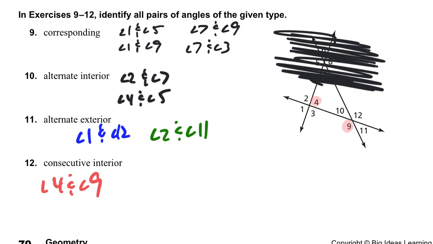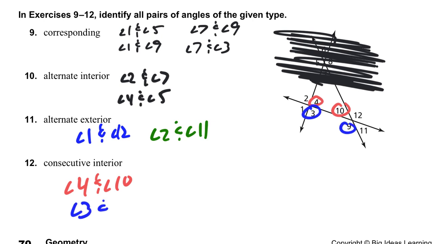We are talking about consecutive interior. My bad. Consecutive interior means they're going to be on the same side. Consecutive means next door or side by side. So that would be angle 4 and angle 10. And then we also have angles 3 and 9. Angle 3 and angle 9.